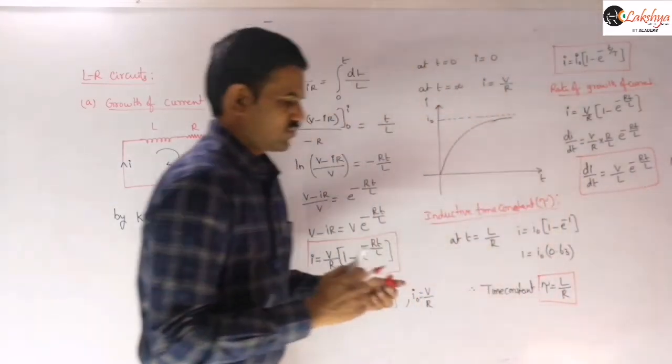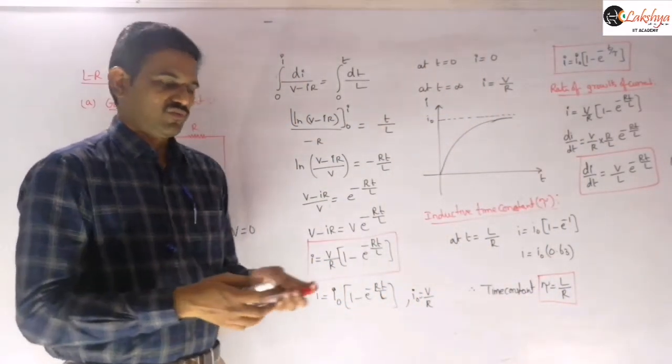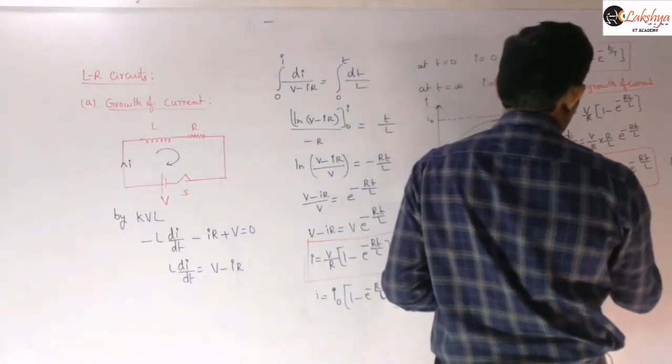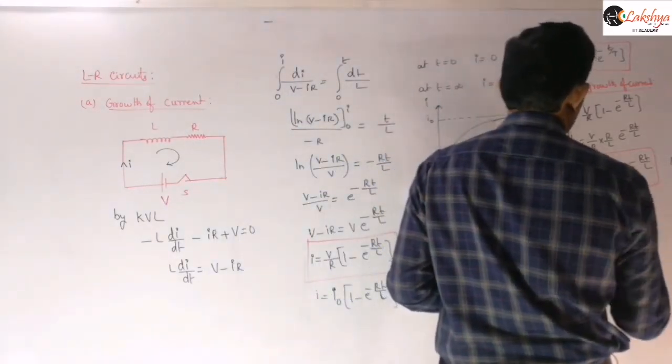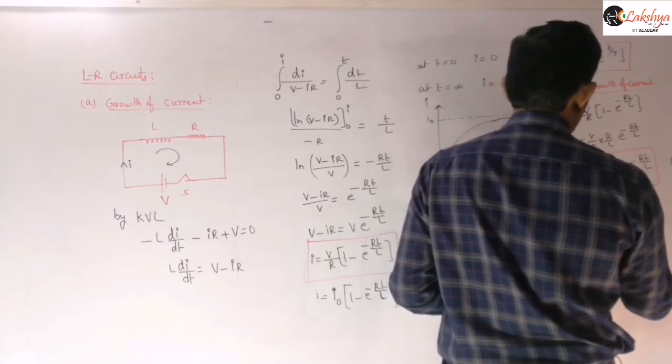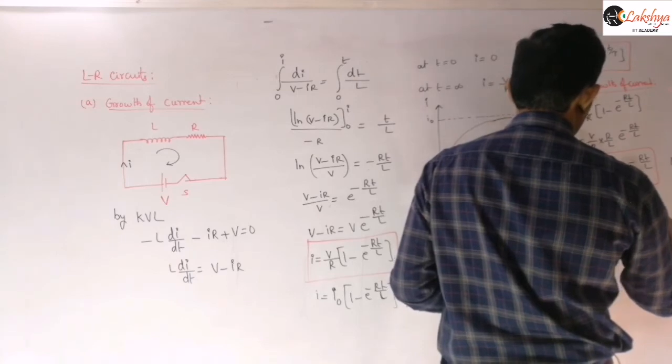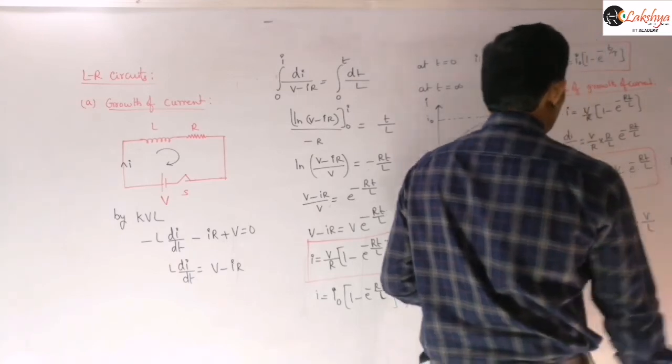Now this rate of growth of current at t is equal to 0, if I write, di by dt at t is equal to 0, is V by L, right?